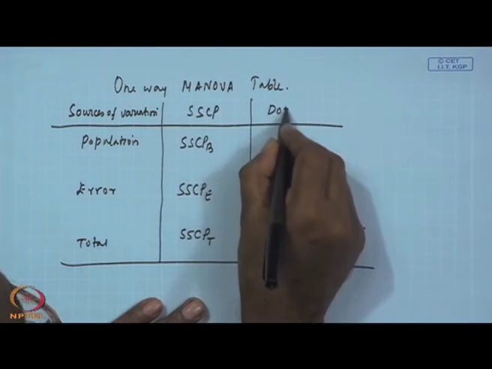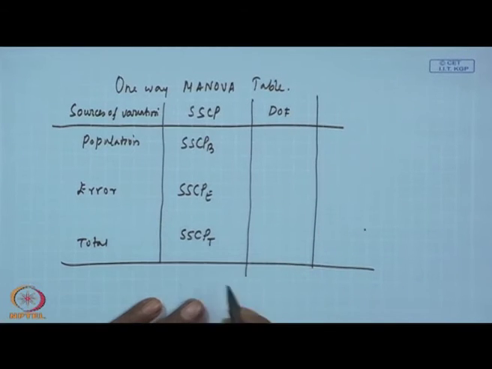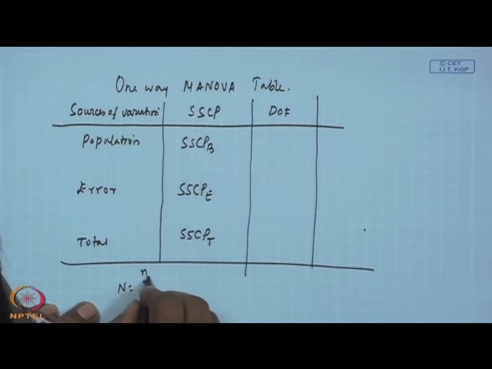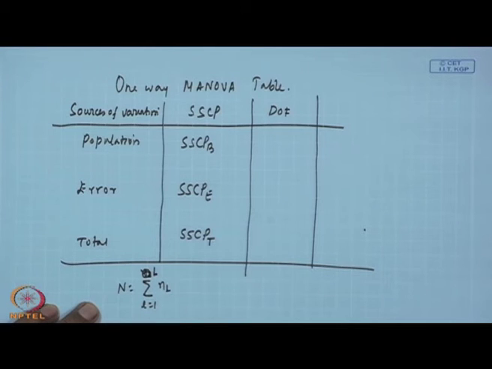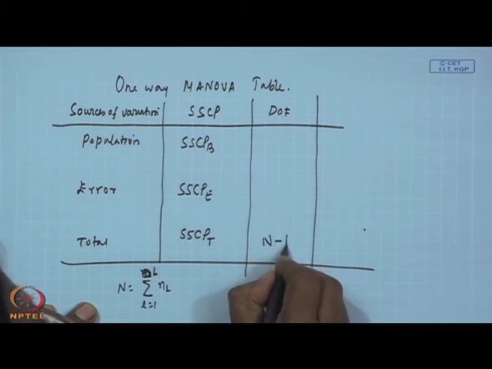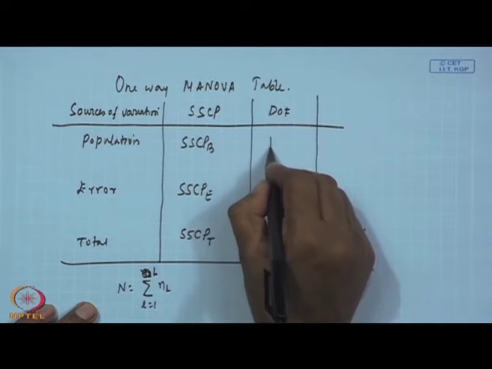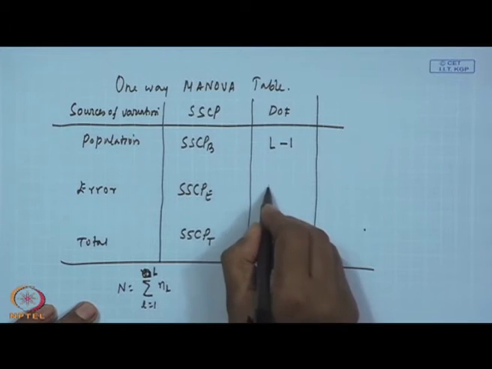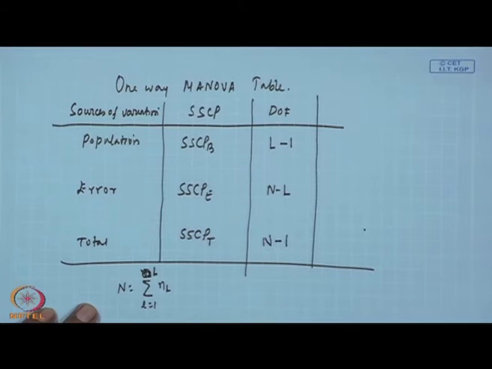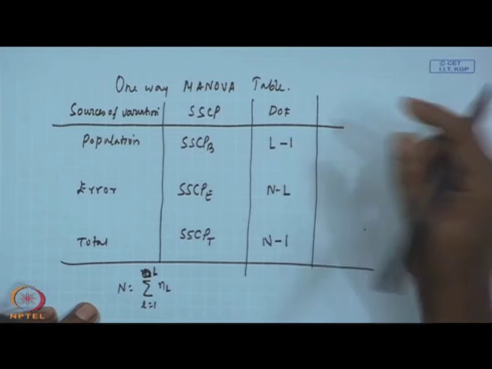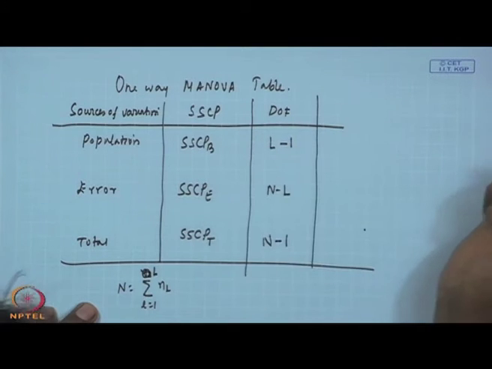Then you will be writing degrees of freedom. And I told you that n is the sum total of n_l, l equal to 1 to capital L. So, in that case our degree of freedom for total will be n minus 1, for SSCP between L minus 1, and for error n minus L. Then in ANOVA you have found out the mean square between, mean square error, all those things.